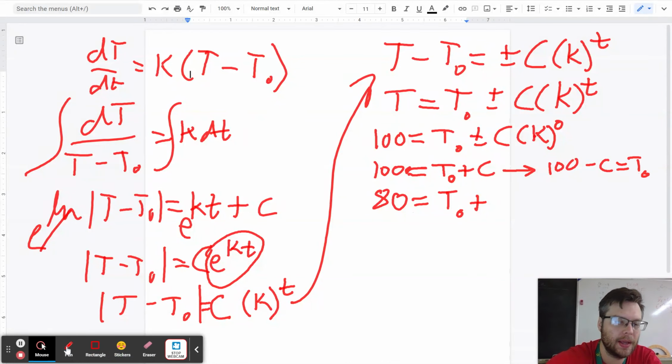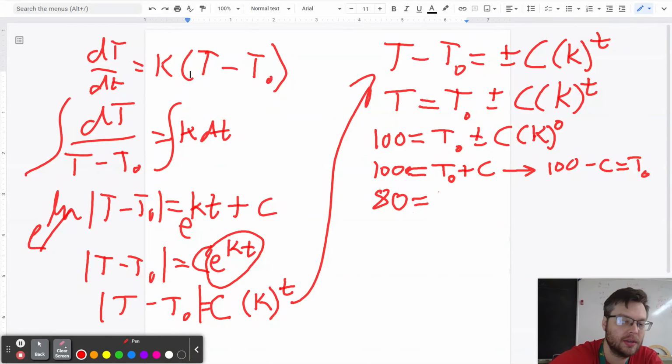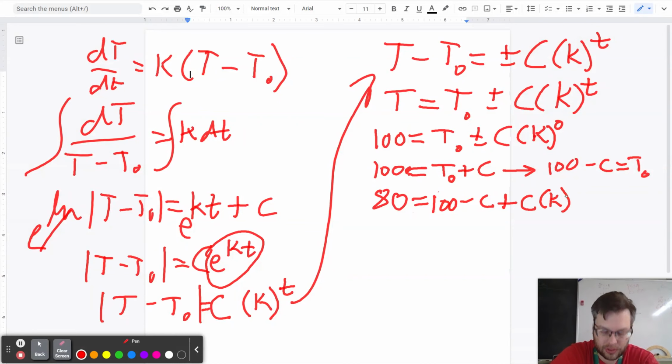And so then I can actually throw that into my second equation. So we have 100 minus C plus C times k to the 10th, since it took 10 minutes allegedly to cool down to 80 degrees. Okay, we can use that to solve for the letter C or the letter k.